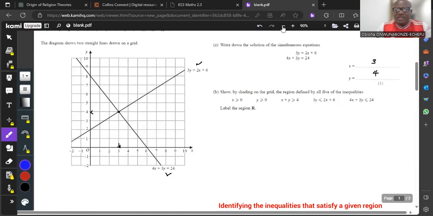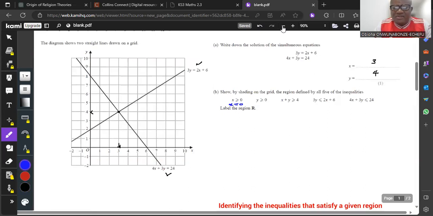Show by shading on the grid the region defined by all 5 of the inequalities. So let's check them. We already have x equal to 0. X equal to 0 is the y-axis, remember.